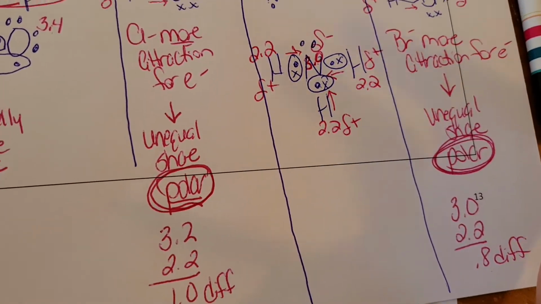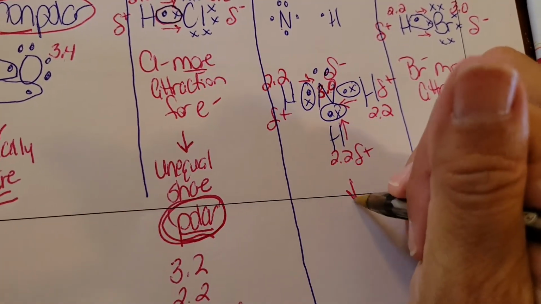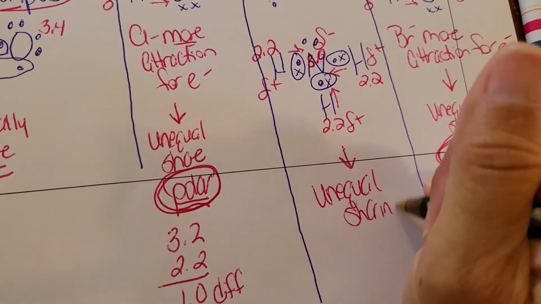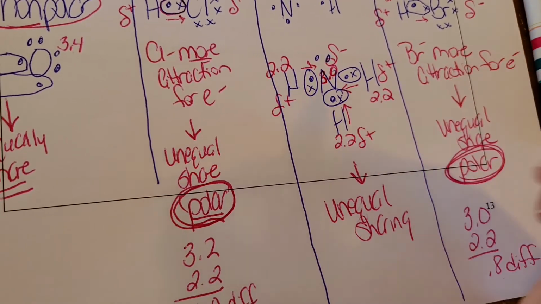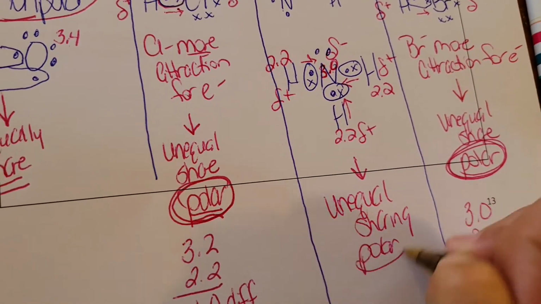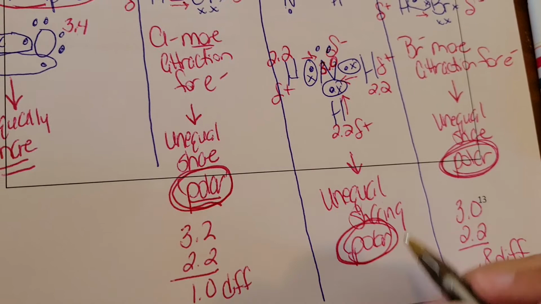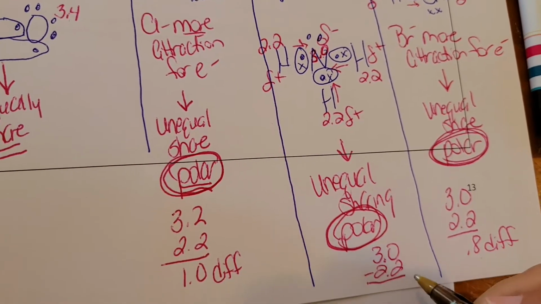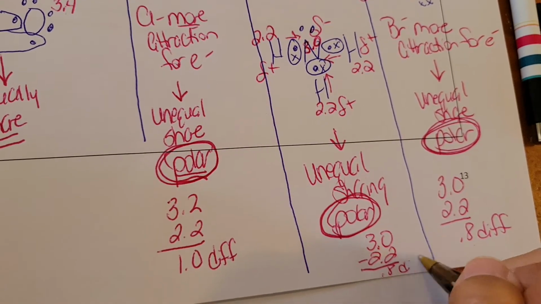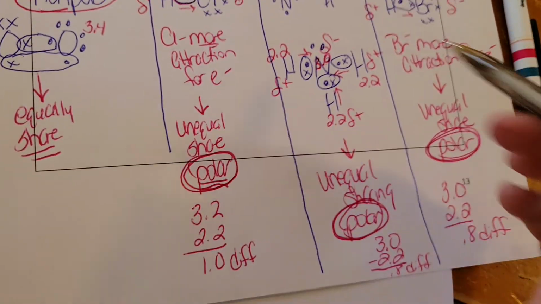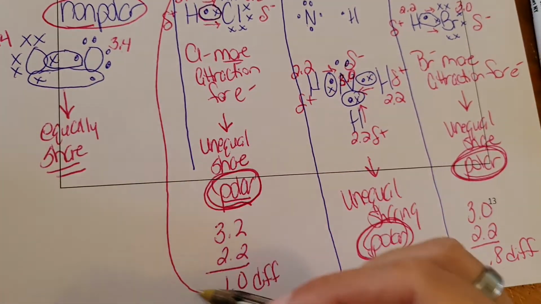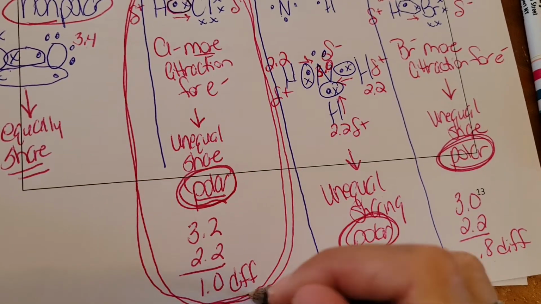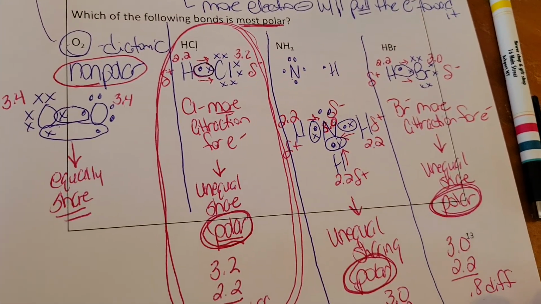I know it's kind of messy looking, a little tricky to understand, but so there's going to be an unequal sharing between the nitrogen and the hydrogen. So that tells us that it's polar. And the difference is 3.0 for nitrogen minus the 2.2 for the hydrogen, which gives us a 0.8 difference. So as far as most polar, it's going to be our HCl. Biggest difference in their electronegativities.